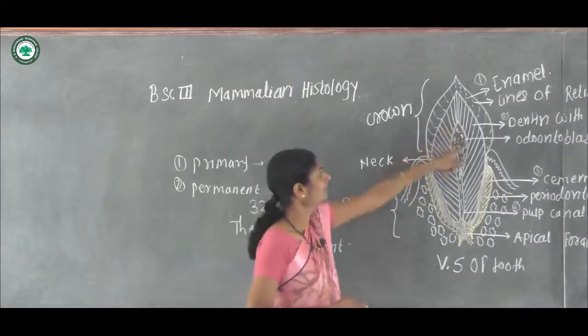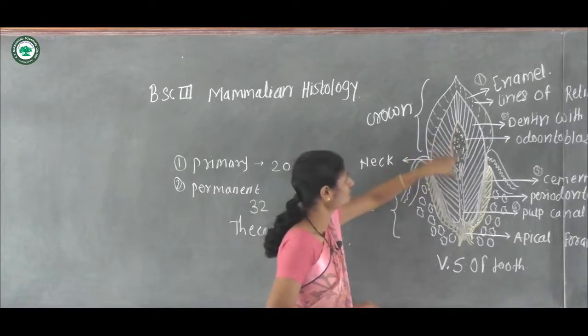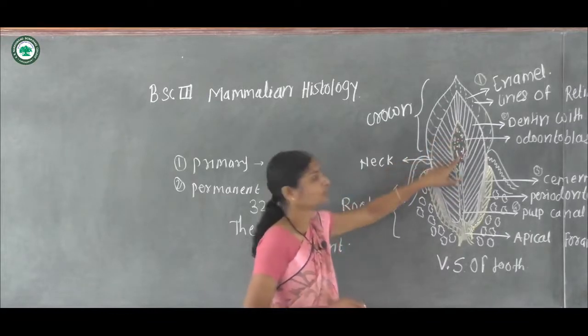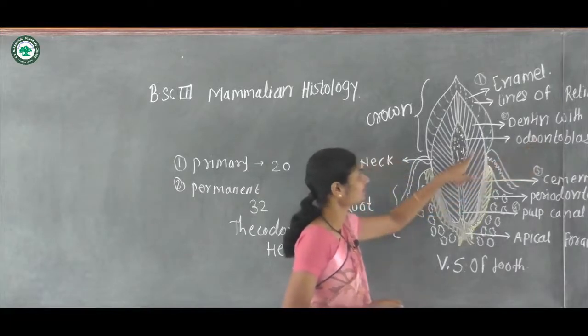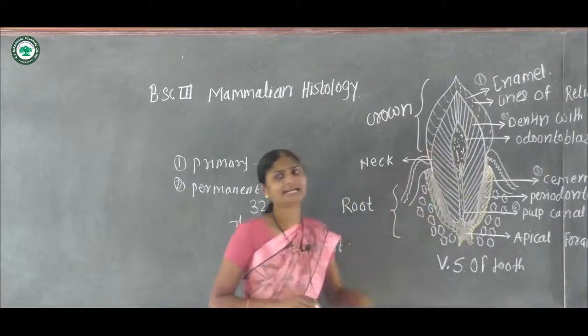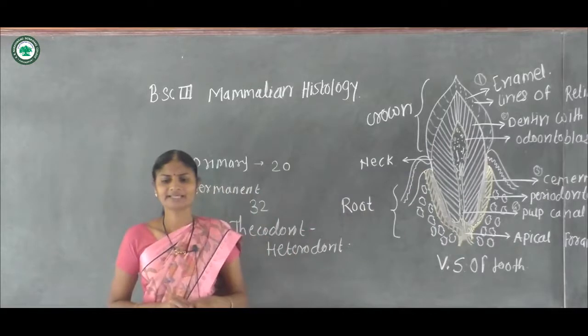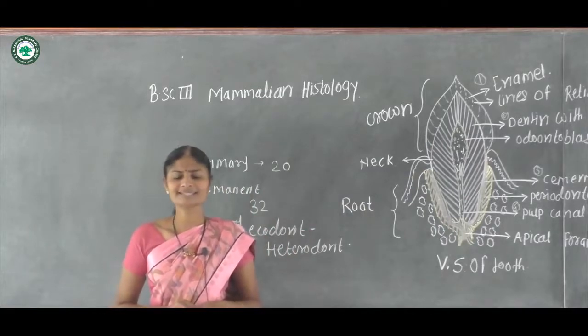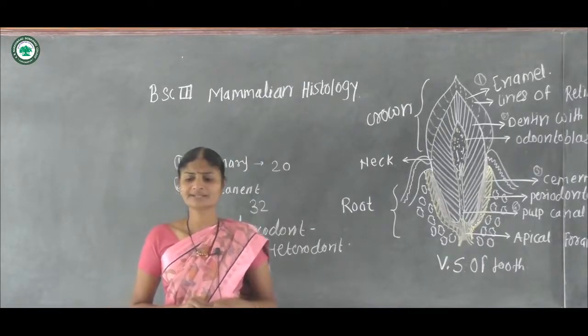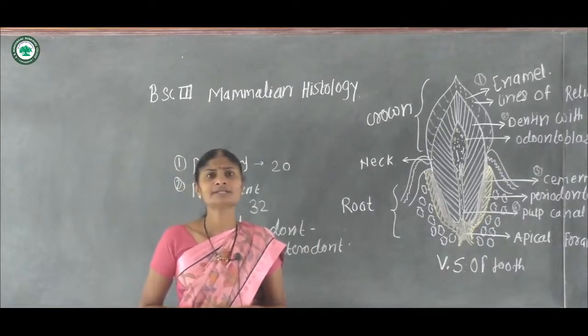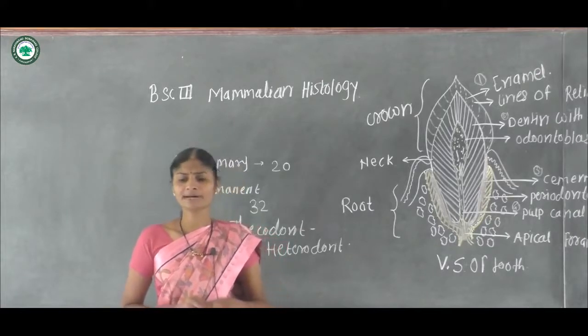Here the pulp cavity shows a single layer of odontoblast cells, and these odontoblasts form the dentine layer. The odontoblasts give branching protoplasmic processes towards the dentine, called dentinal fibers.